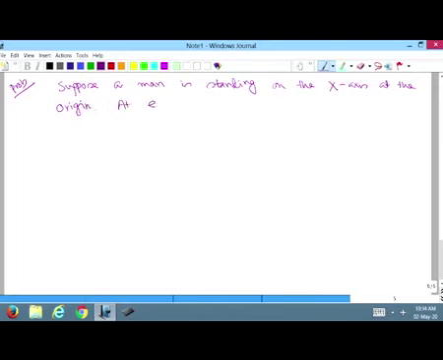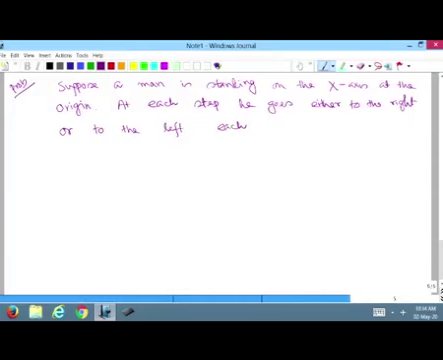At each step he goes either to the right or to the left, each with probability half.